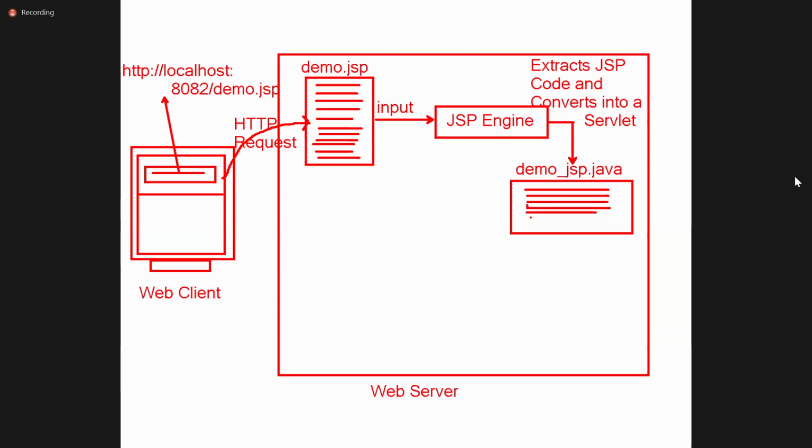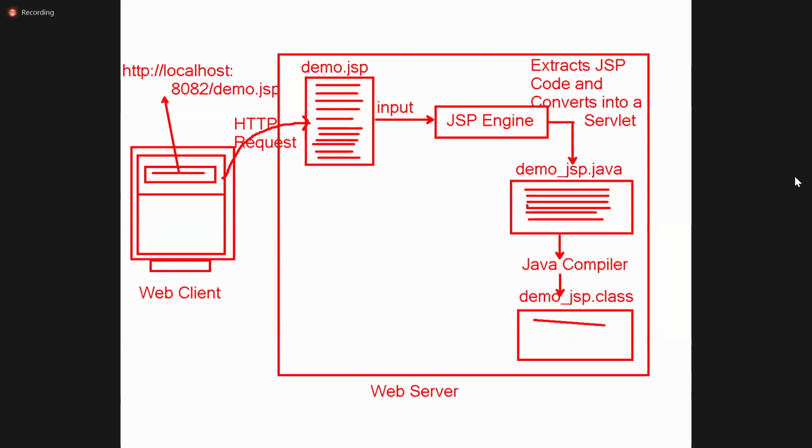Like this, one JSP servlet is generated. This servlet is compiled by the Java compiler. The Java compiler is also part of the server. It generates the .class file, demo_jsp.class.